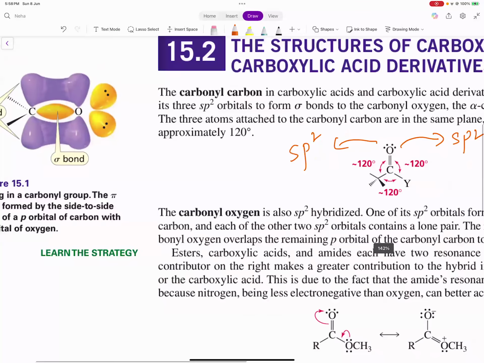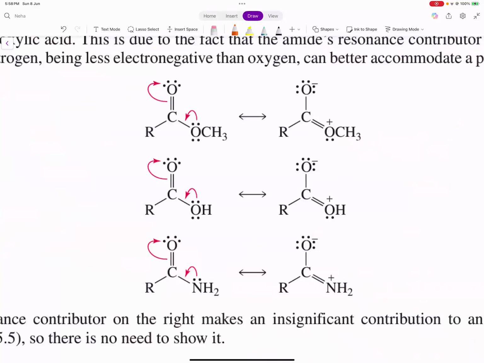Now we look at the resonating structures for esters, carboxylic acid, and amides. In the case of esters and carboxylic acid, we are going to get a resonating structure where the positive charge will be on the oxygen. And in the case of amides, the positive charge will be on the nitrogen, right?